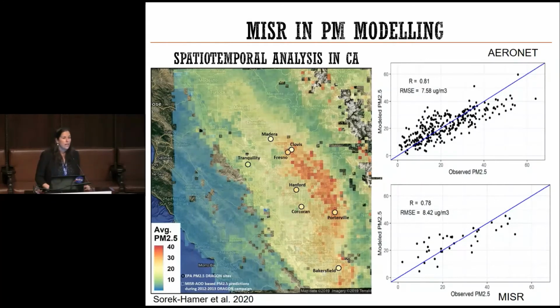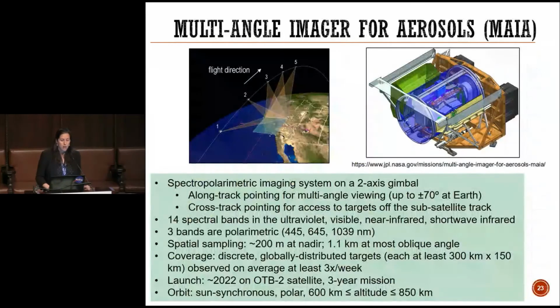The future mission that I was talking about is called MAIA, and this is the first mission from NASA JPL whose purpose is environmental health. The science team includes aerosol scientists, but also epidemiologists and public health researchers.